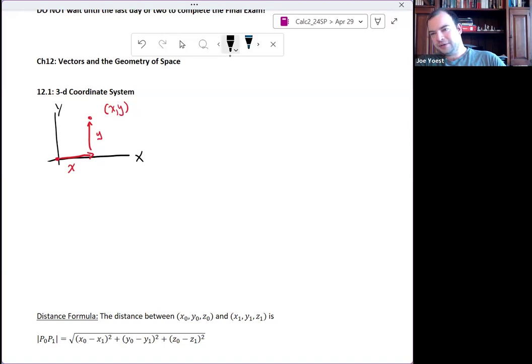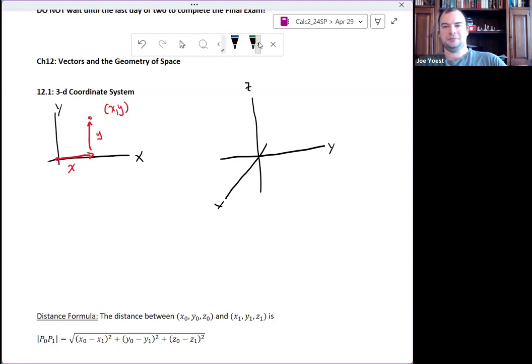So what if I have a 3D coordinate system, also a rectangular coordinate system? X, Y, Z. And if I have some point here, which unfortunately, when you're trying to draw 3D in a 2D plane, it's not really clear where this point is, but we'll make it a little clearer in a second. So what if I say that this is point little x, little y, little z?